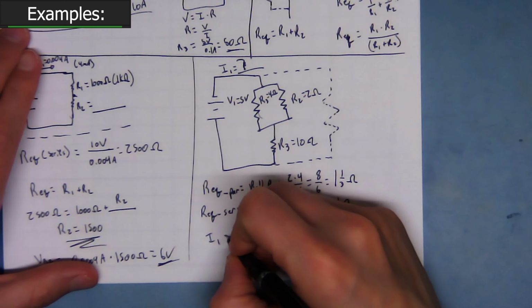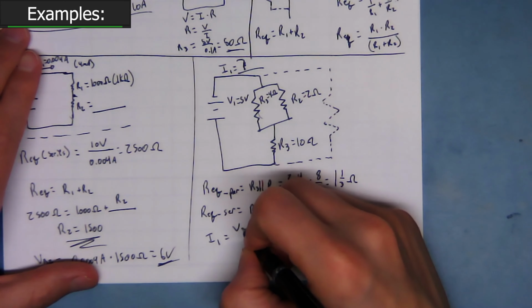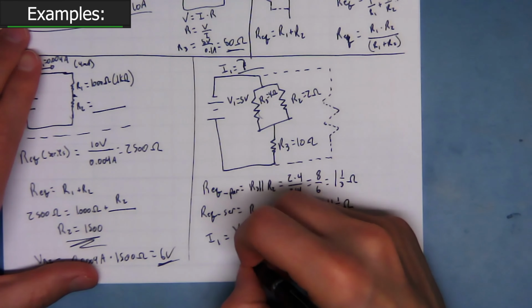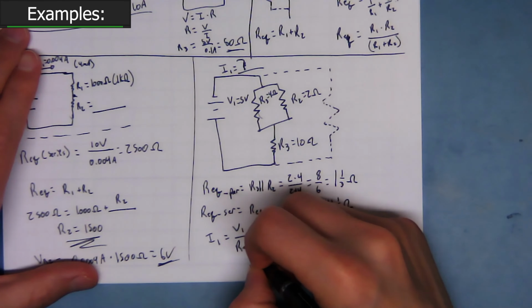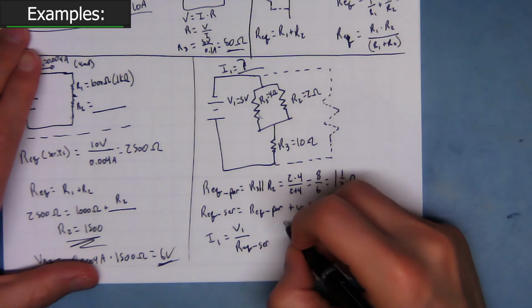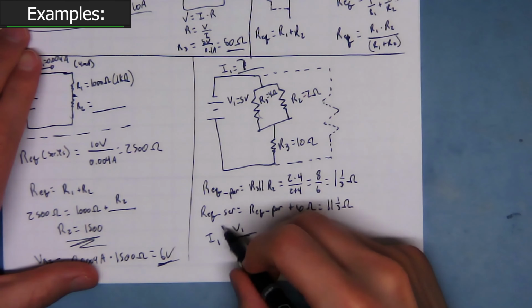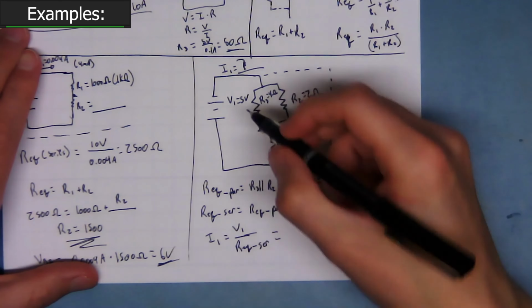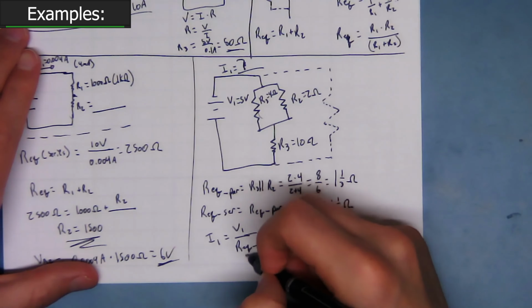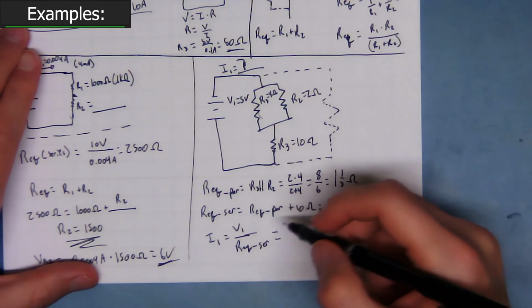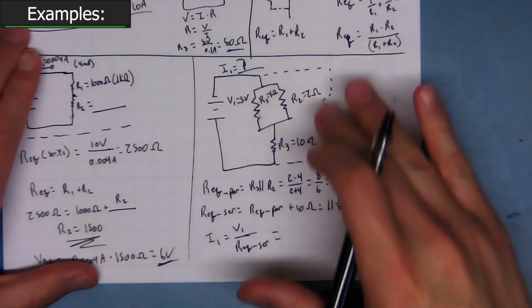So then I1 is equal to V1 over REQ, this series resistor. Right, this is Ohm's Law again. This is familiar because we're solving for I1, right? V equals I times R, I equals V over R. Same story, just different application.